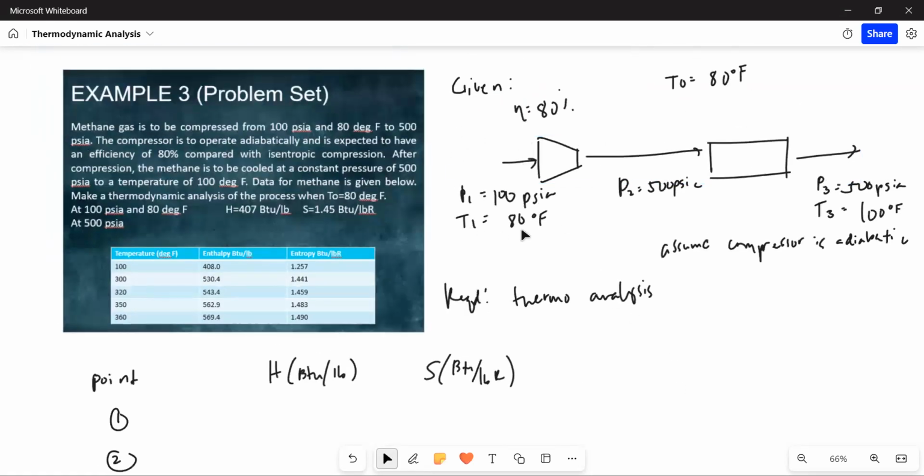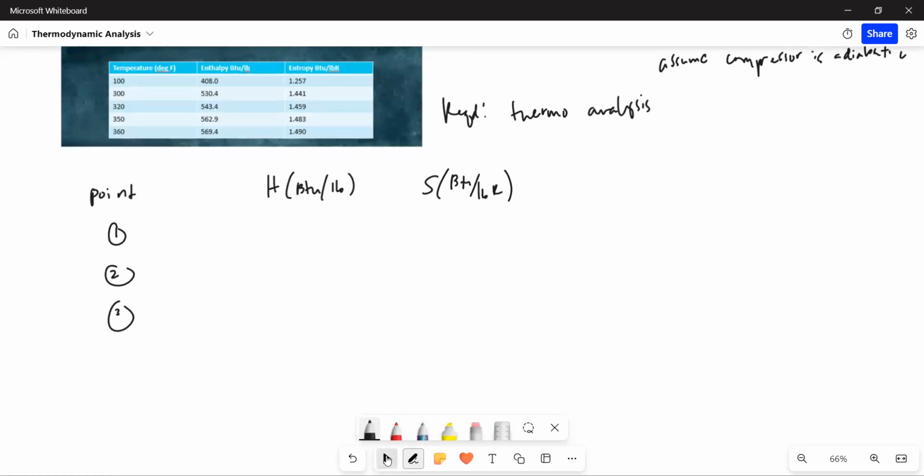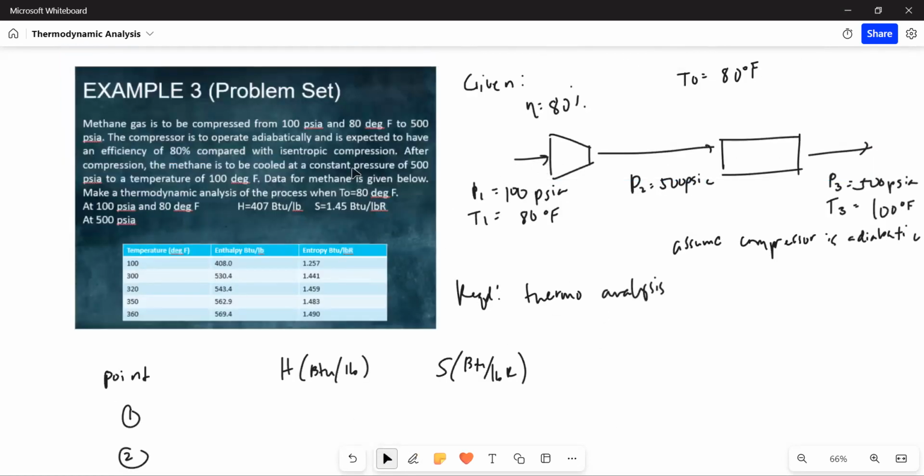At point 1, we know that when it enters the compressor, it should at least be a vapor. Not sure if this is superheated vapor. Let me check the table. Unfortunately, the methane tables I have are in SI. Anyway, let's keep writing the state of methane, but we are pretty sure that the compressor can only handle a gas or vapor.